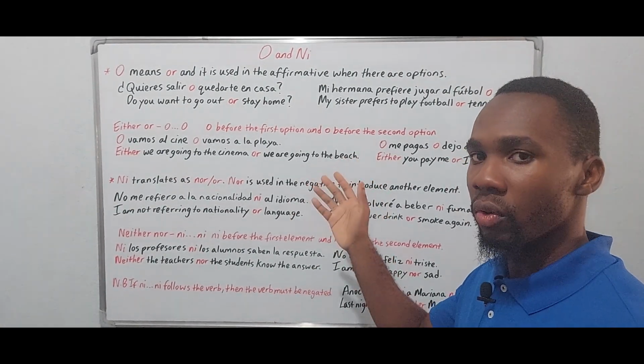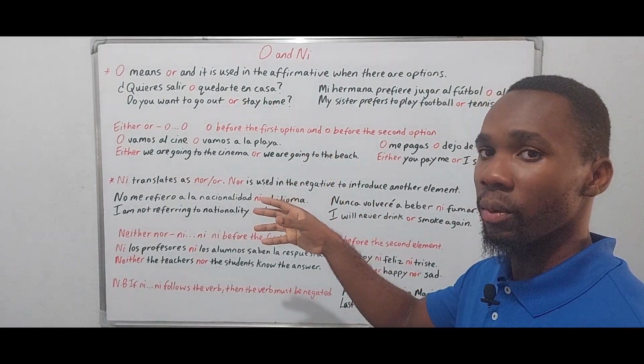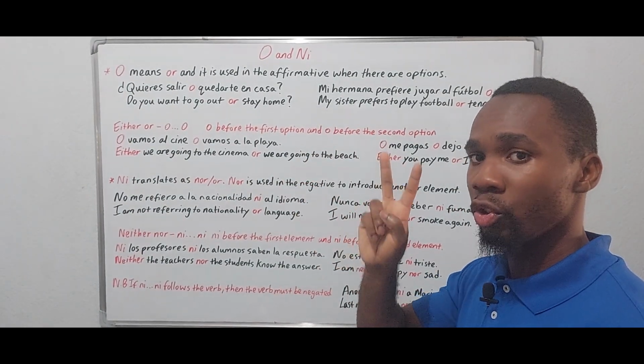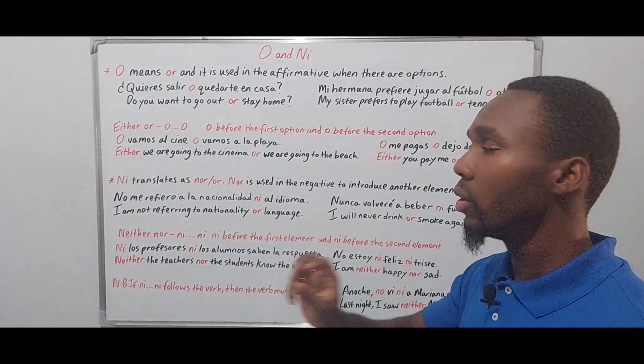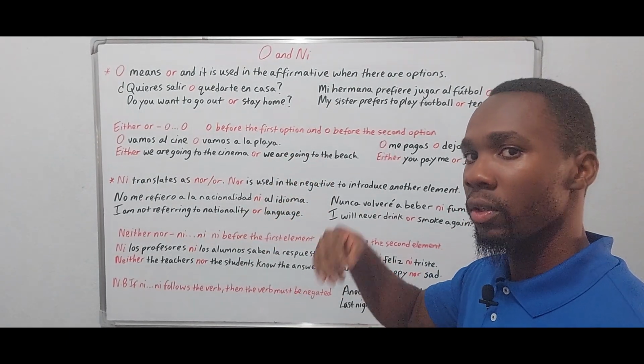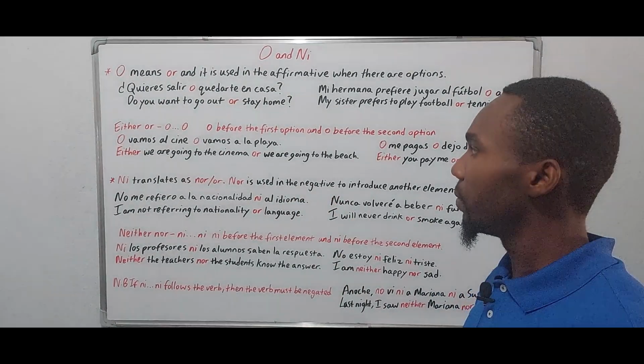And if we use two O's, O before the first option, if we want to say either or, meaning that we're referring to two scenarios, only two, we use O and O. O before the first option, O before the second option, right? Good.